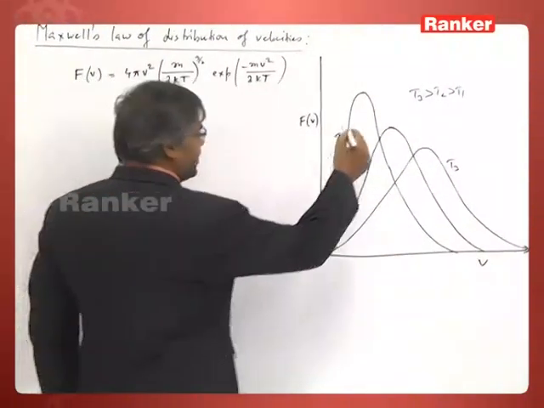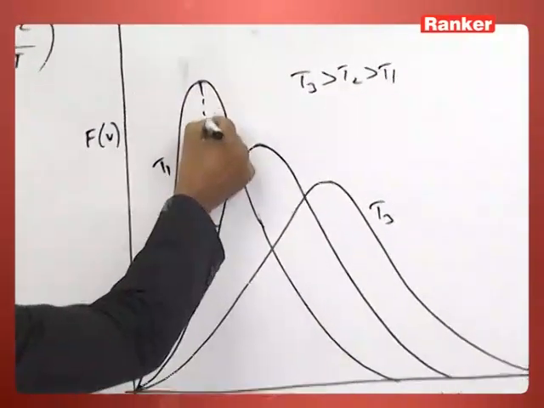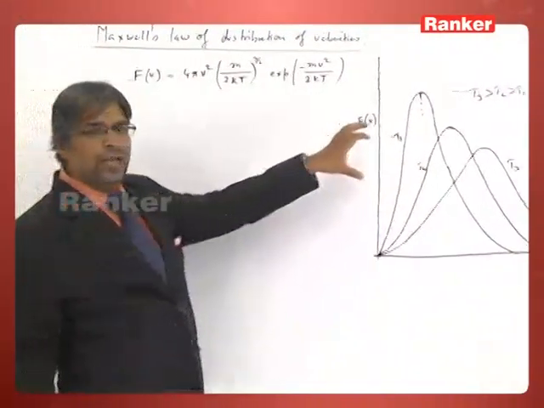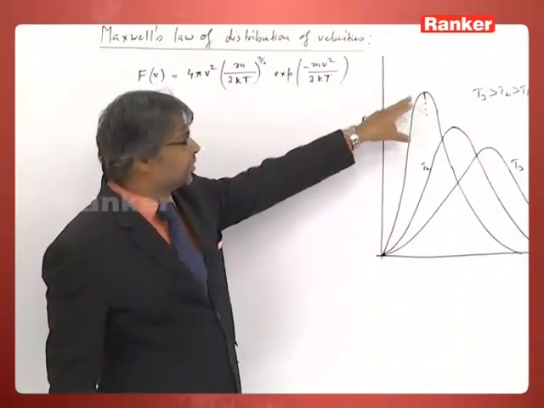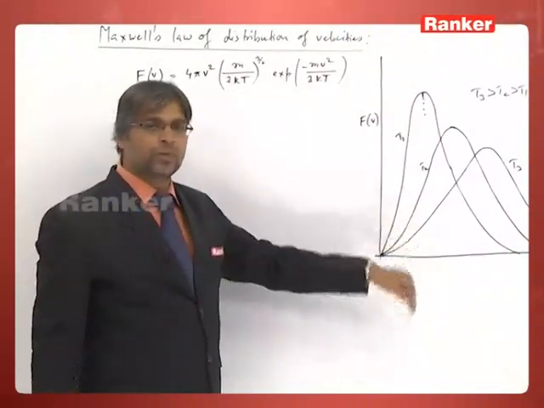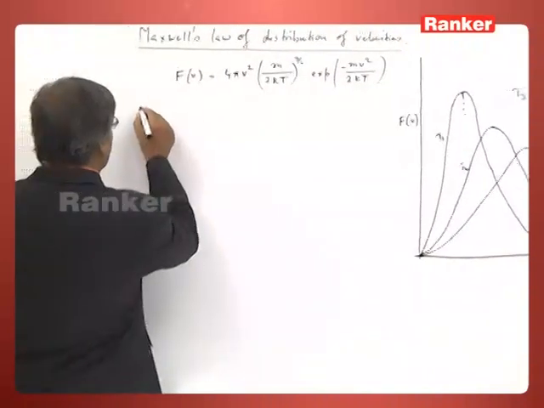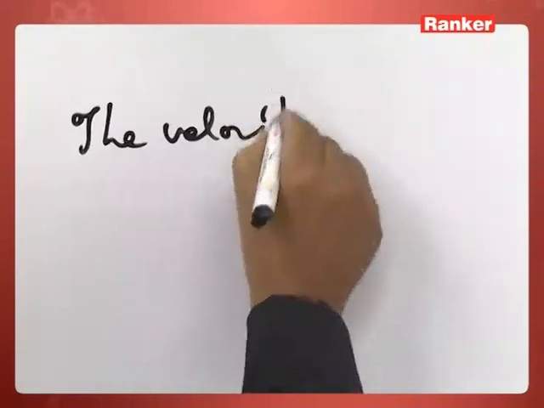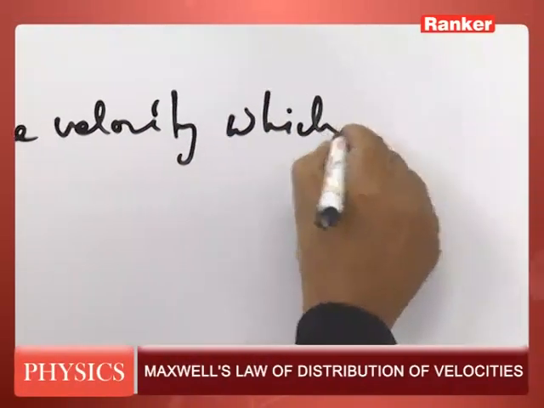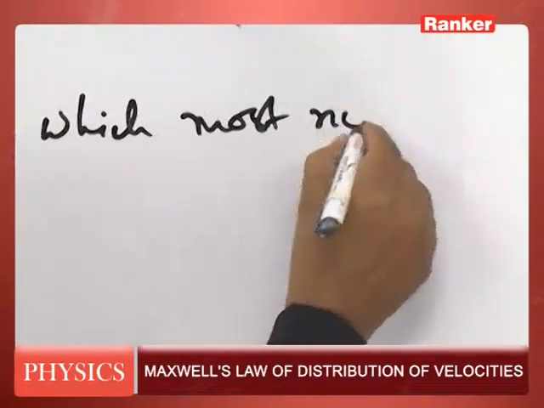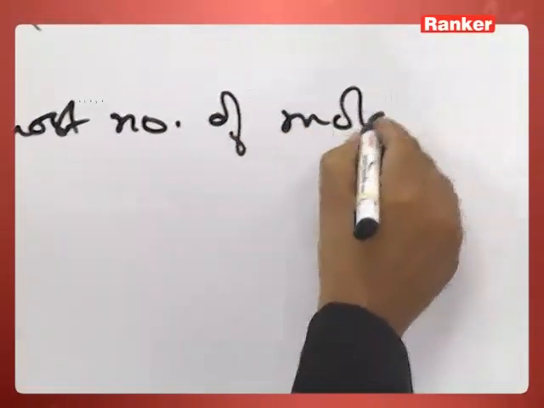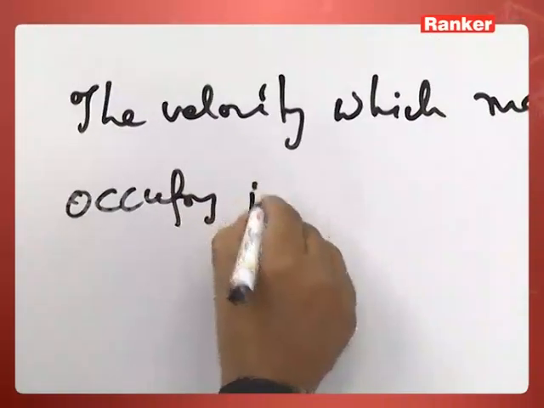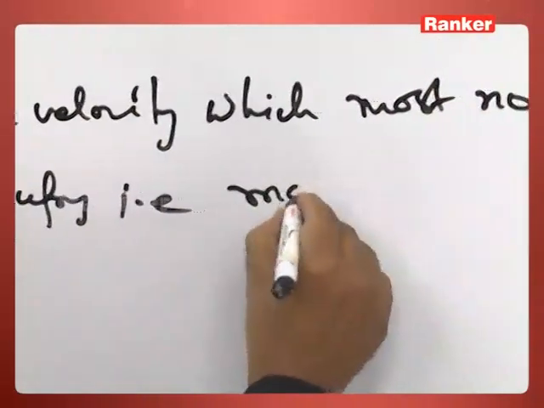So what is this point? This is the place where most of the molecules have this velocity, that is called the most probable velocity. So the velocity which the most number of molecules occupy is called most probable velocity.